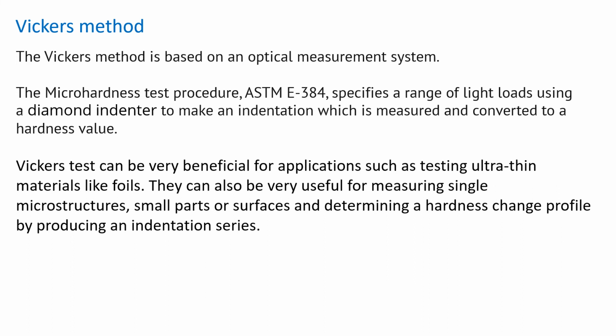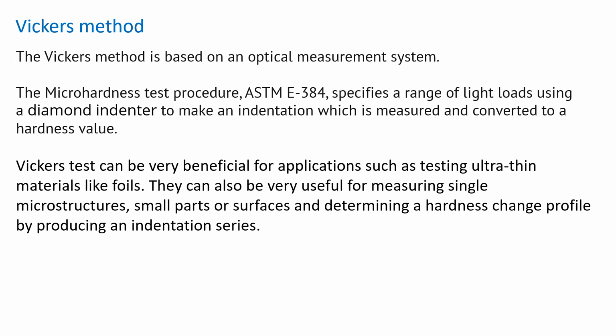The third testing method that we're looking at today is the Vickers hardness test method. Similar to the Brinell hardness testing method, an indentation is later measured using an optical system.